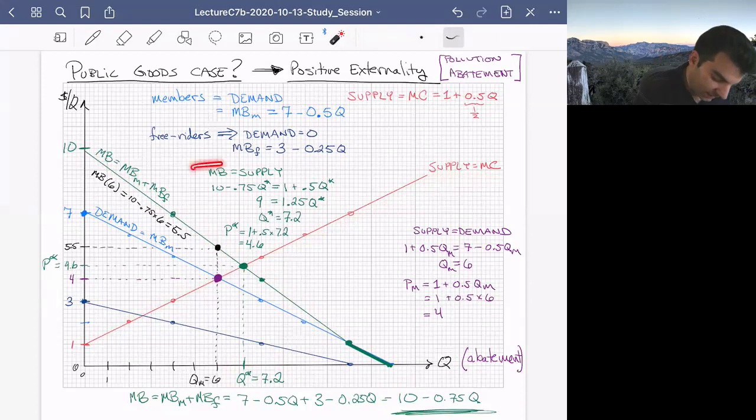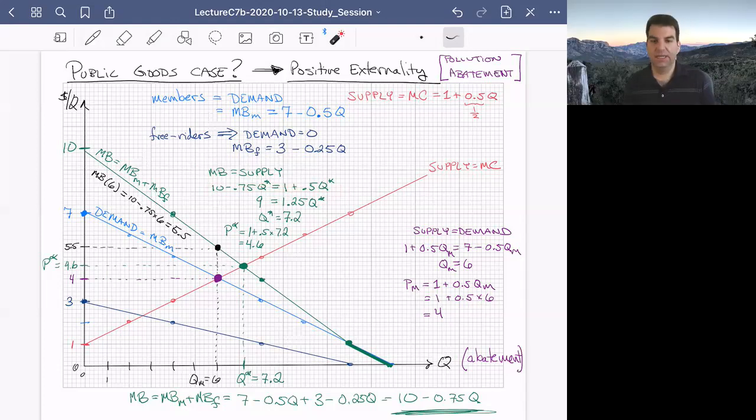And so this here is me doing that. I just forced MB to be equal to supply, and that is what gave me this intersection here. And so that's this expression here. Does that make sense? Yeah.